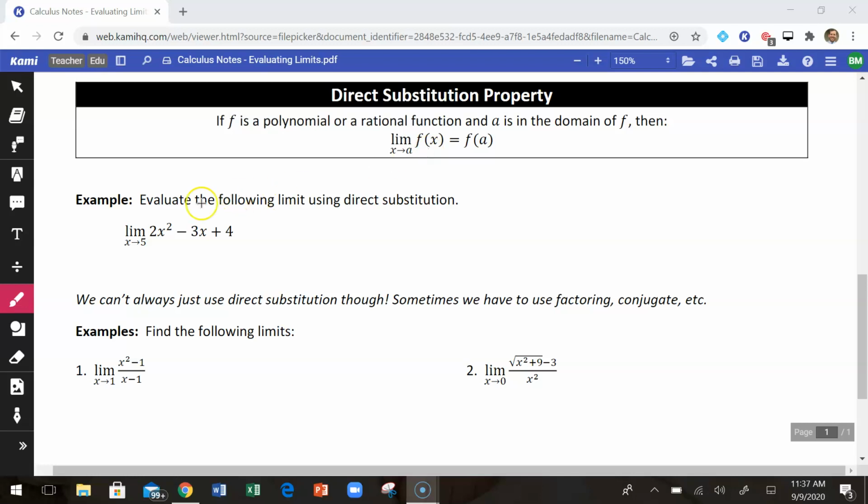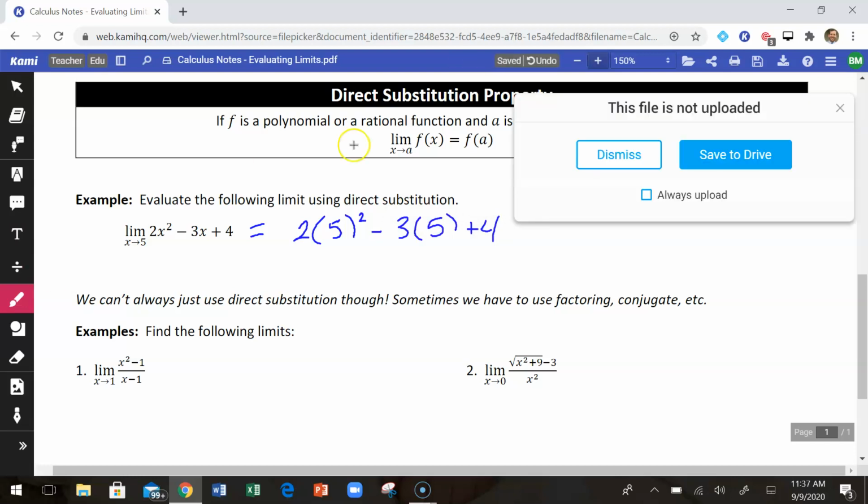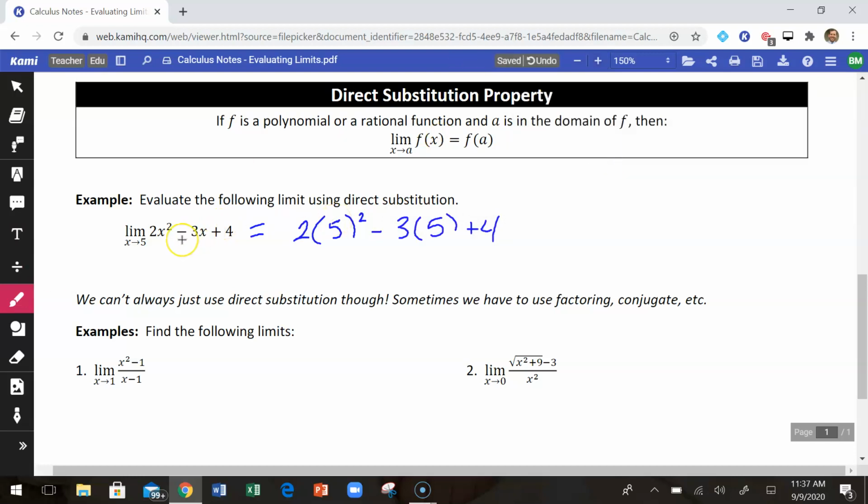So an example of that, we have the limit as x approaches 5 of 2x squared minus 3x plus 4. The answer to this is simply going to be what I get when I plug in 5. And if you think about this, what we have is a polynomial. We should know that a polynomial has a domain of all real numbers. And so if I want to know what is the graph doing as my x's get close to 5, it's simply going to be approaching whatever my y value is at 5.